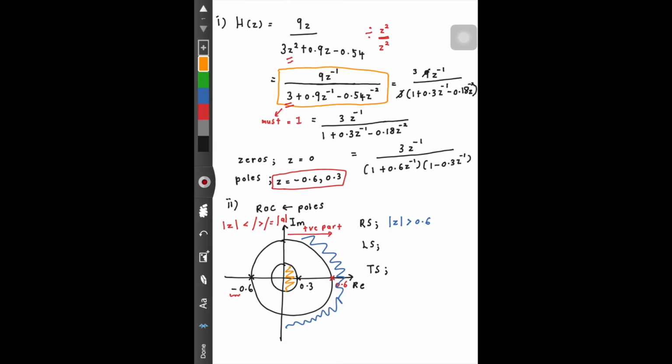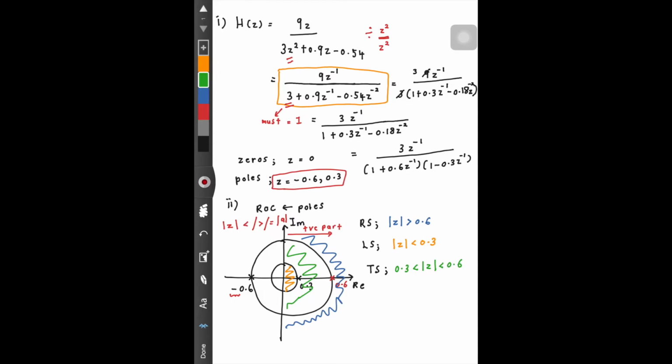For left-sided, it is inside the innermost pole, so your modulus Z is less than 0.3. For two-sided, it is in between two poles, so your modulus Z is in between 0.3 and 0.6.